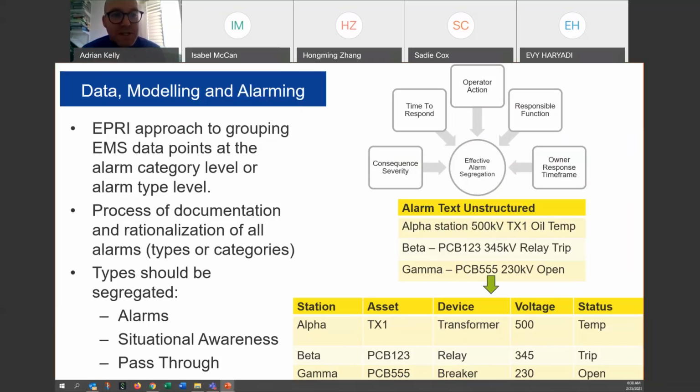You're starting from scratch, and that gives a good opportunity to think about how to set up your system for future operations. A key one here, I think, is around alarming. If you take a lot of alarms via your SCADA back to your operators, it's likely that they're getting flooded with alarms all the time, especially when there are events happening on your system.